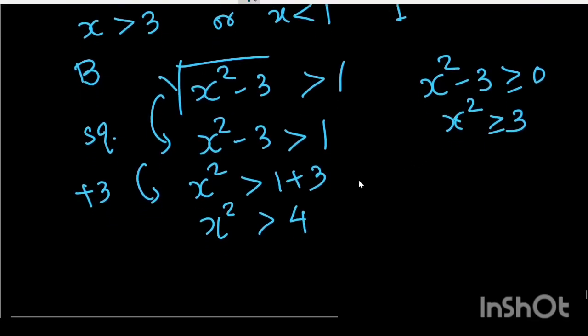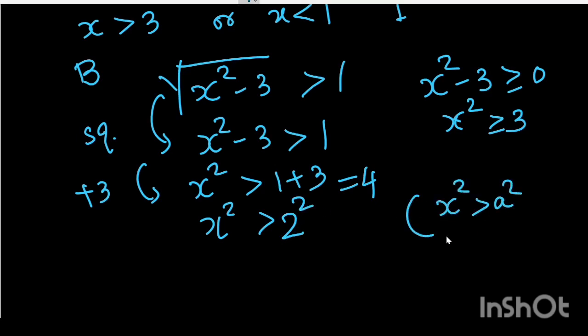Okay, which we can write as 2 square. So x square greater than 2 square, we know that x square greater than a square from inequality is x greater than a or x less than minus a, where a in this case is 2.